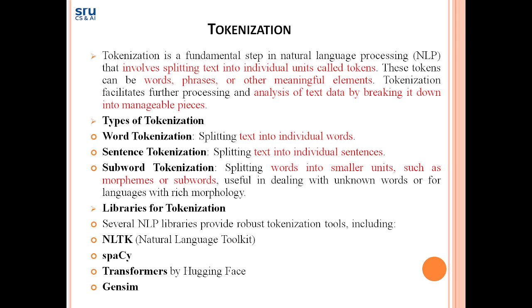Word tokenization, as the name indicates, breaking text into individual words. Sentence tokenization, breaking text into individual sentences. Subword tokenization, breaking words into smaller units such as morphemes and subwords.